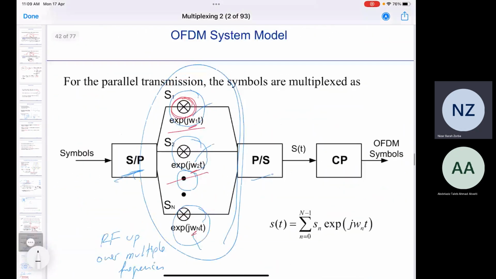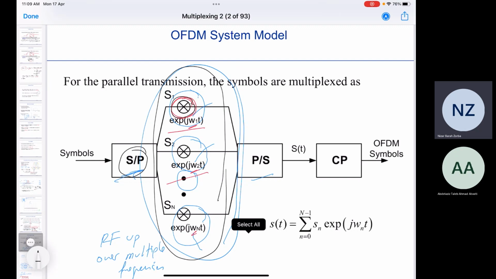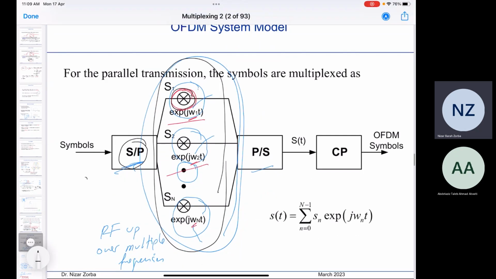So here now, instead of sending each one separately, we will send the first, the second, the third, the fourth all together. This is how we make the system faster. Good. This is the operation that is carried out here. We need this unit. Here it is written SP, which stands for serial to parallel.